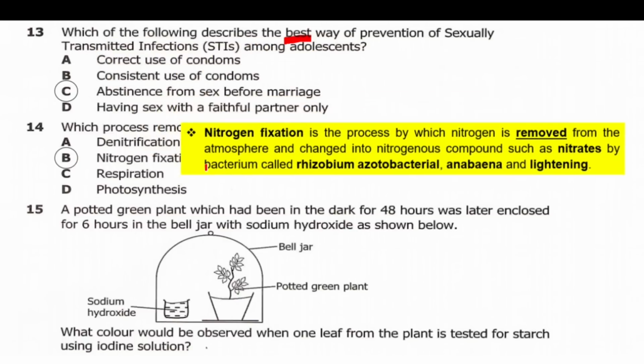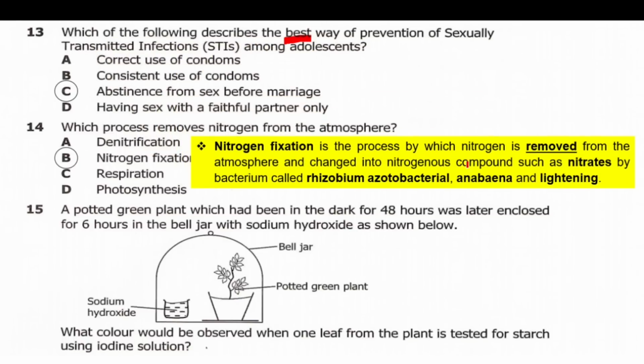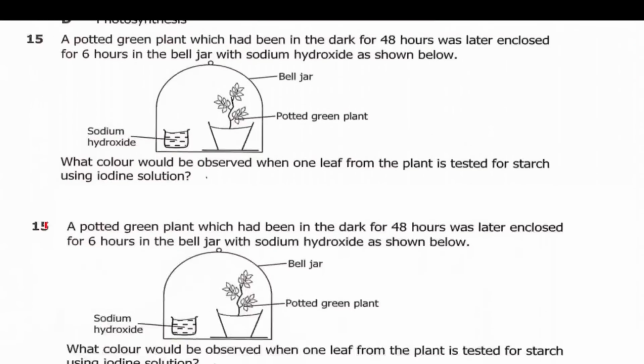Nitrogen fixation is the process by which nitrogen is removed from the atmosphere and changed into nitrogenous compounds such as nitrates by bacteria called Rhizobium, azotobacter, or anabaena, and lightning.